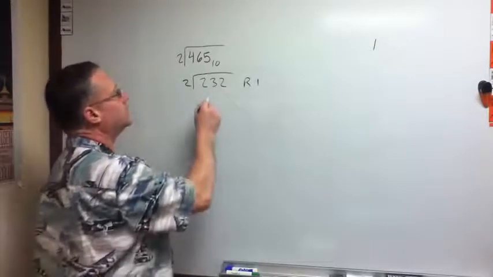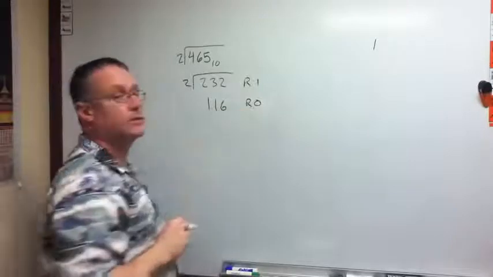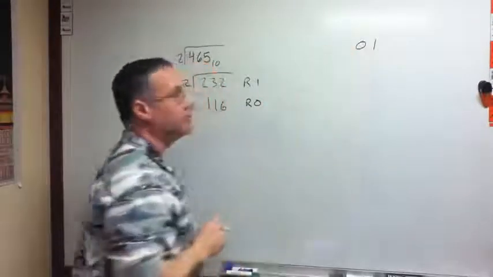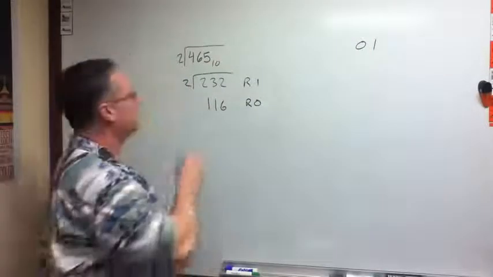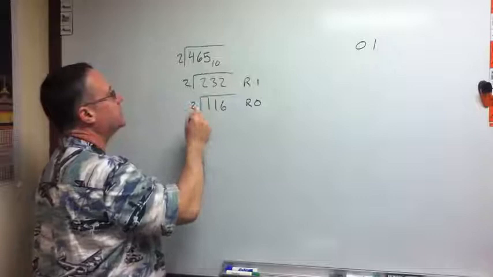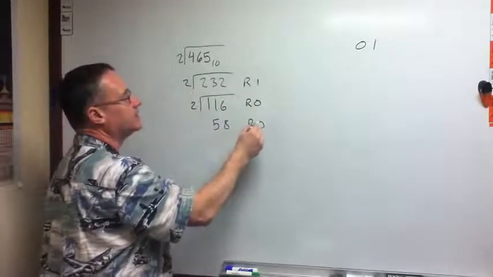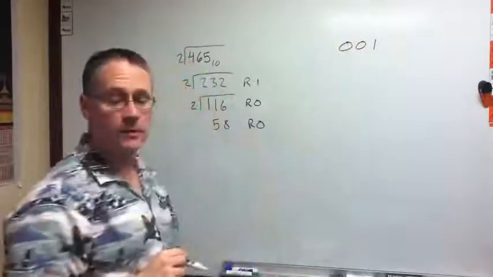So this would be 116 remainder 0, which means that the next bit from right to left is a 0. This divided by 2 is 58 remainder 0. So the 0 is the next one up there.